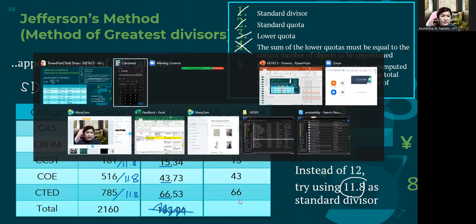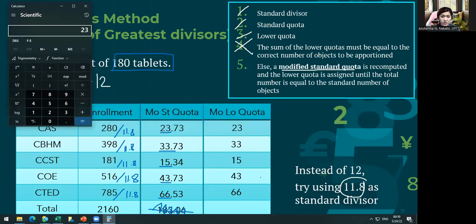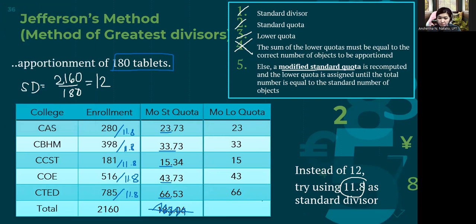So, let's check. Let's add them all. So, 23 plus 33 plus 15 plus 43 plus 66. Our sum is now 180.